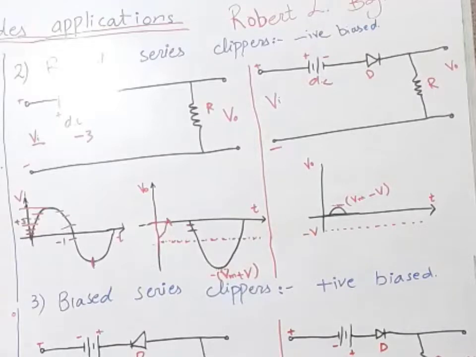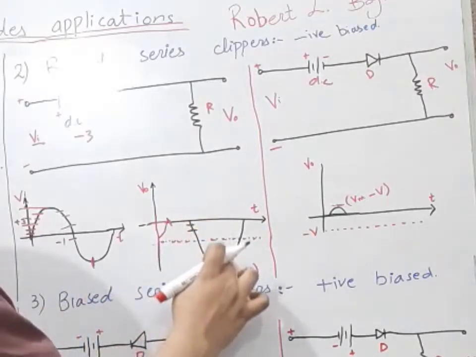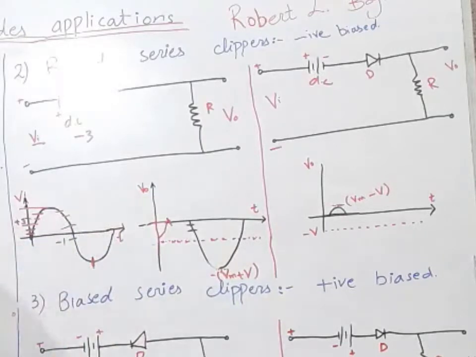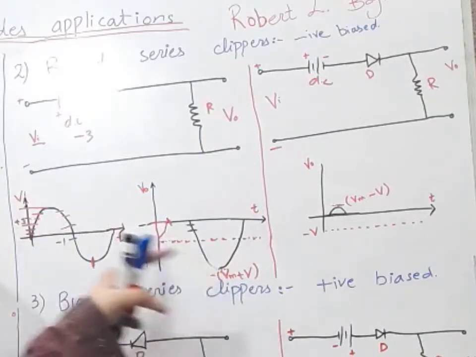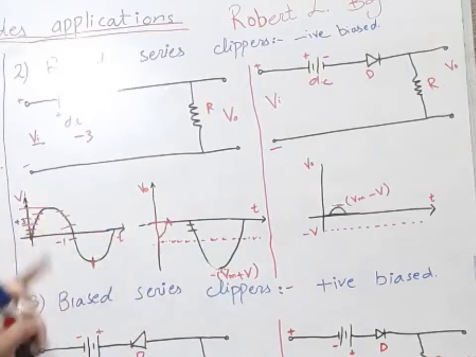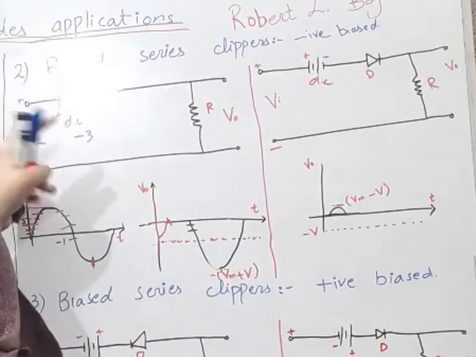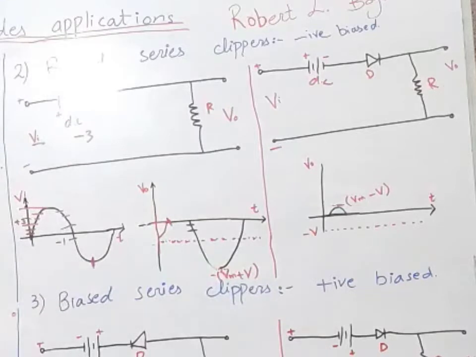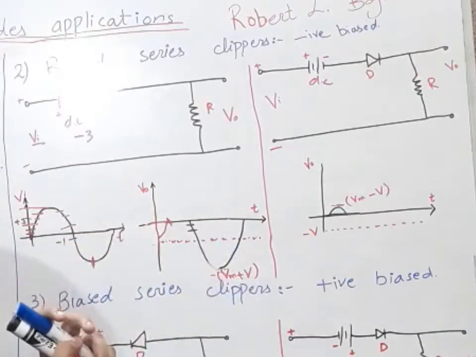So that's why our peak is deeper than this input peak. Understand this point? Our peak is deeper than this input peak because both the input waveform and the battery are trying to make it forward biased. So that's why our potential is higher there.